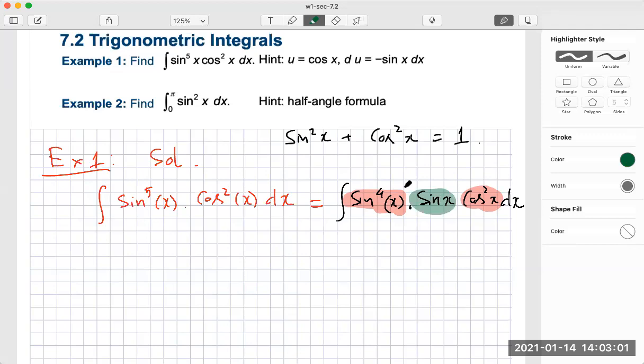Now the hint is to do substitution. Let us follow the hint for now. In the future, when you do many problems, you will know how to define these. So if we let u be cosine x, what is the relation between du and dx?